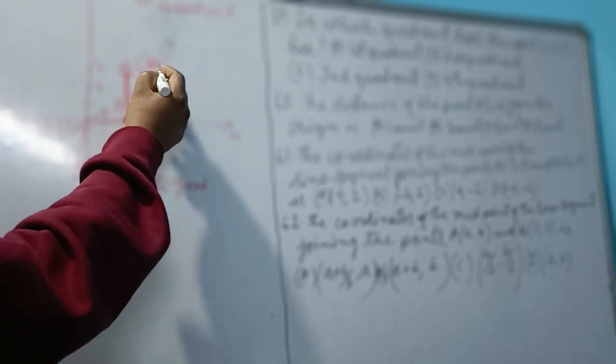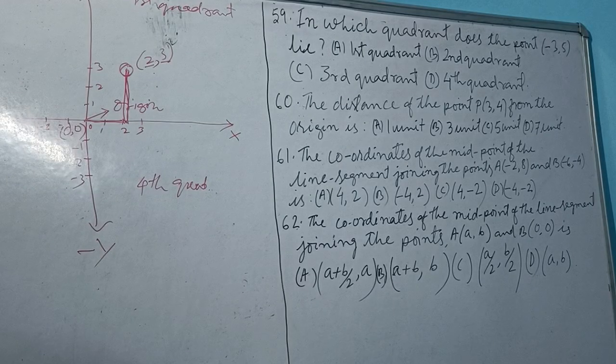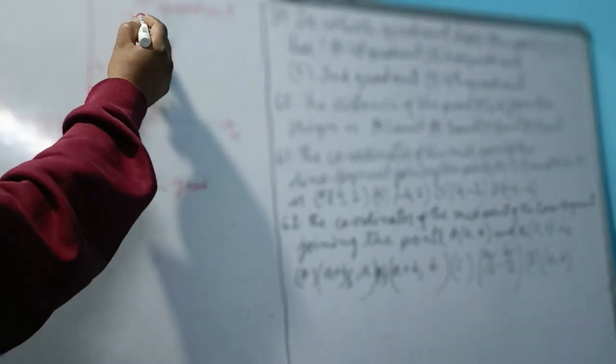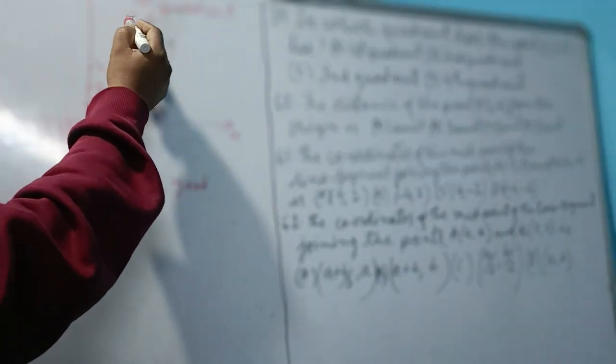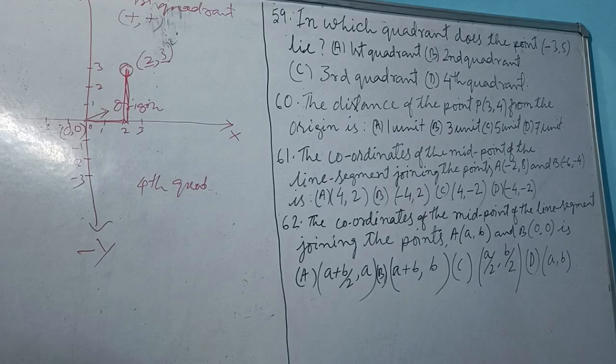So this is positive, this is positive. When both x and y are positive, the point always lies in the first quadrant. When the first point is negative and the second is positive, going up positive, then it lies in the second quadrant. When both points are negative, it lies in the third quadrant.